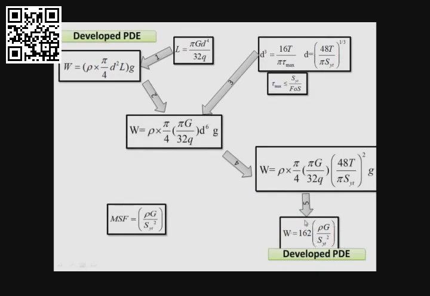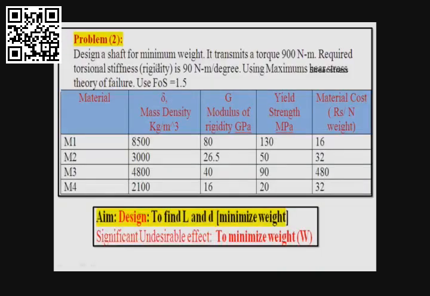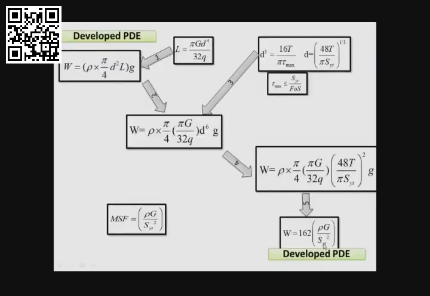This depends on the material factors. This value totally depends on the material requirement. Values of rho, G and Syt, that is density, modulus of rigidity and yield strength, should be selected from the material which will lead to the minimum weight.